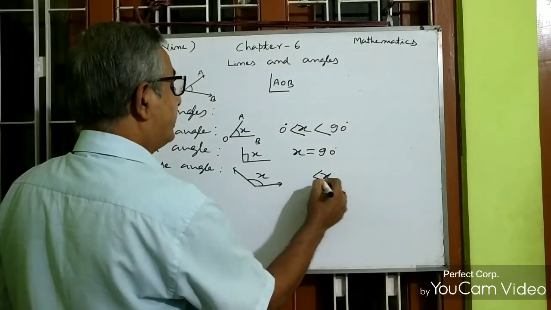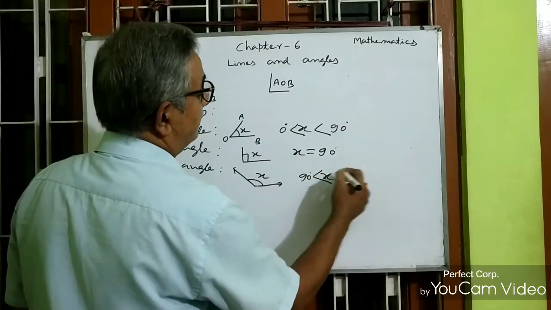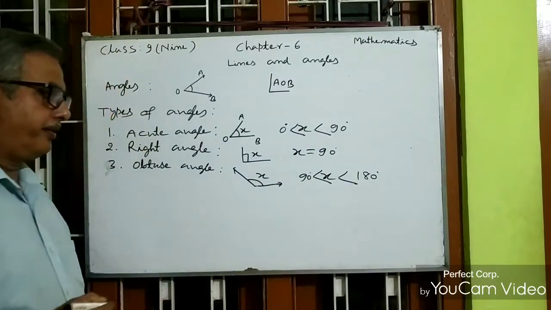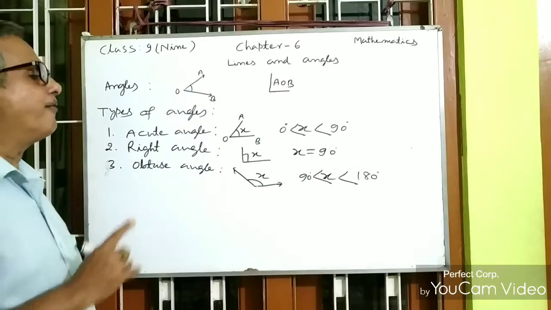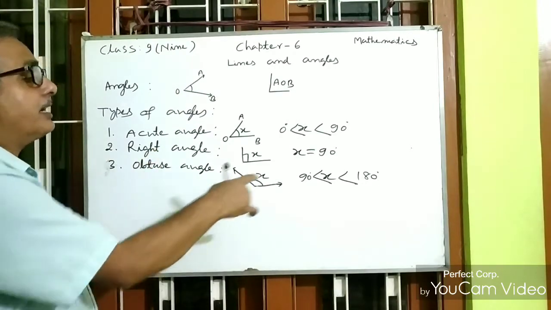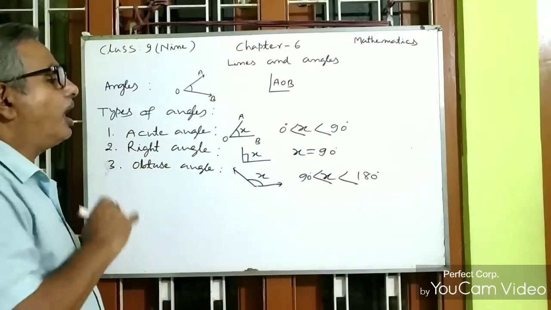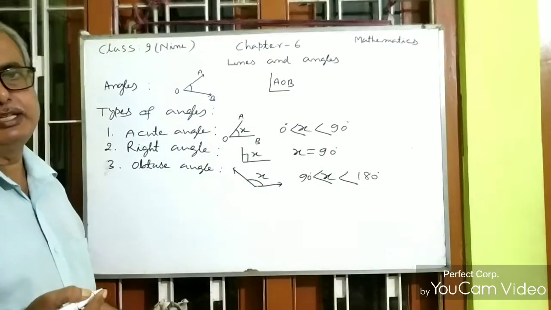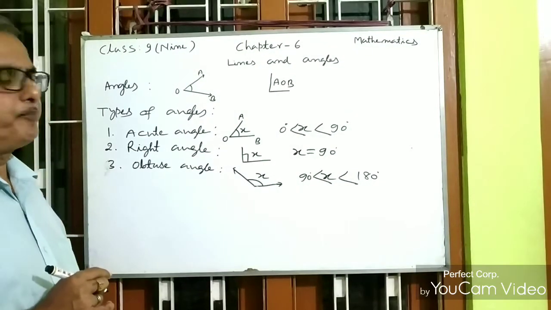Here X is greater than 90 degree but less than 180 degree. How can you define it? An angle of measure greater than 90 degree but less than 180 degree is called an obtuse angle. For example, 120 degree is a kind of obtuse angle.